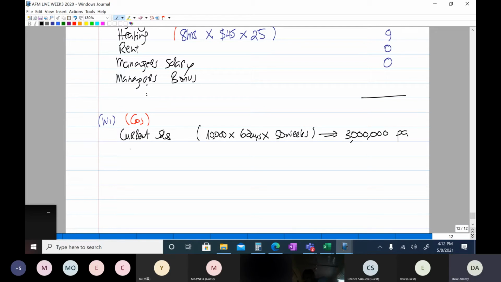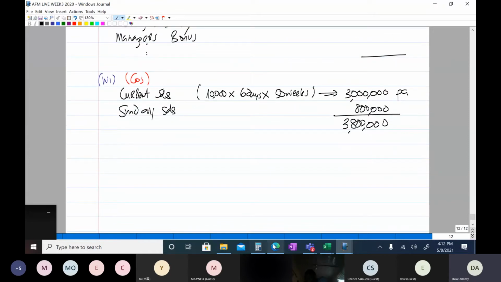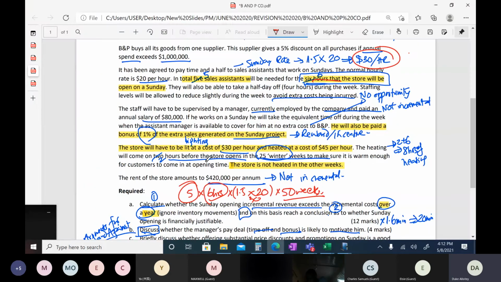Per annum. Okay, Sunday sales, we just work that out to be this, and that gives me 3.8 million. Now let's go back to the question and see something.